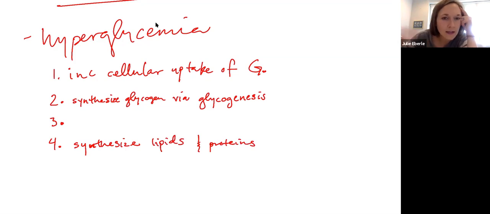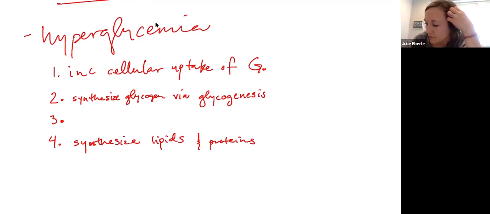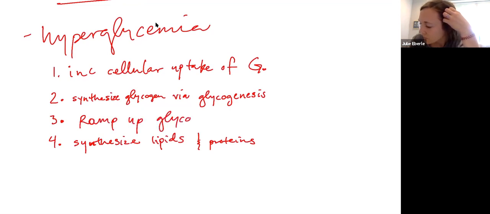We're going to take glucose, metabolize it through glycolysis, and break it down into pyruvate. Pyruvate will be made into acetyl-CoA, and with all this acetyl-CoA we can run lipogenesis and make proteins. That's one way we can use up our glucose. So we can ramp up glycolysis. You could say metabolize glucose via glycolysis.